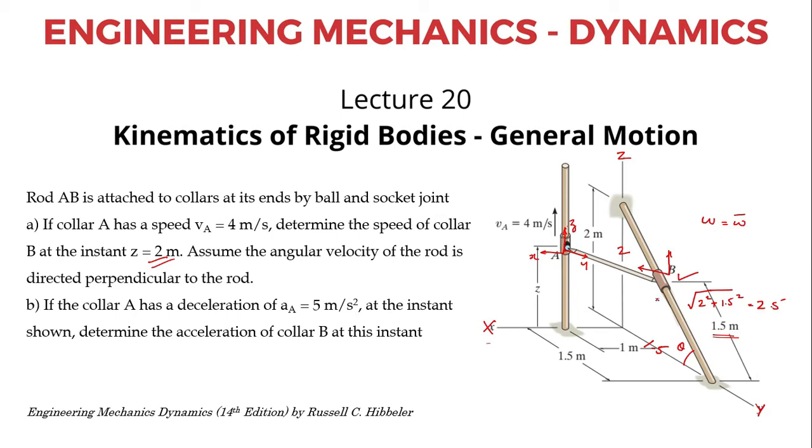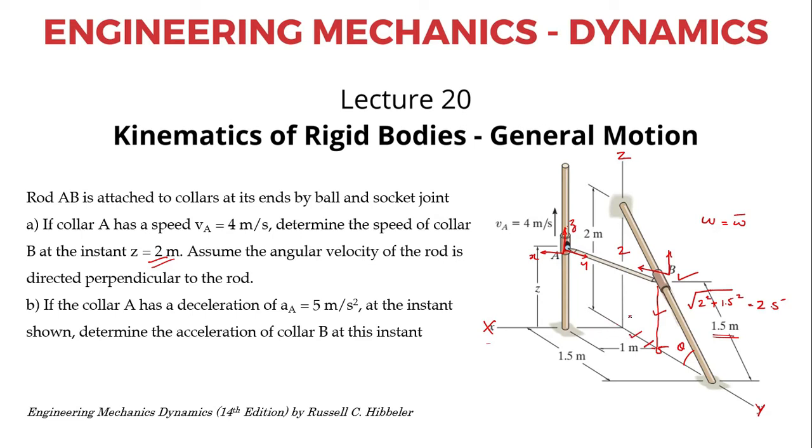So in order to find the position coordinates of the collar B, we will have to determine this length here which represents the z-axis, this length here which represents the y-axis, and along the x it is 0.